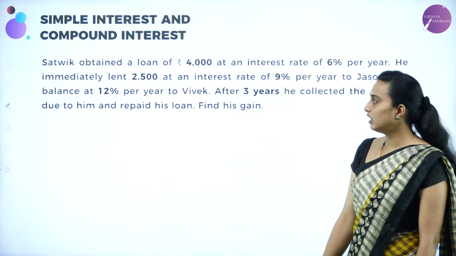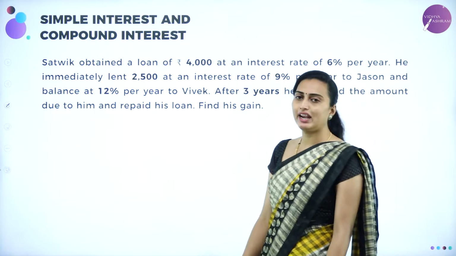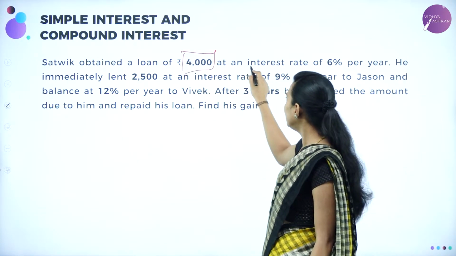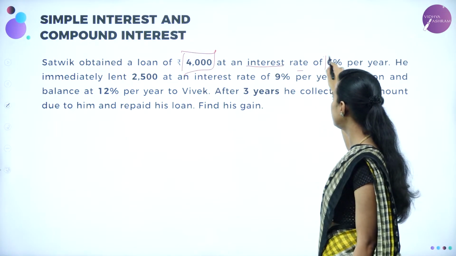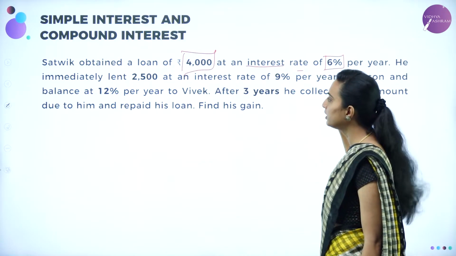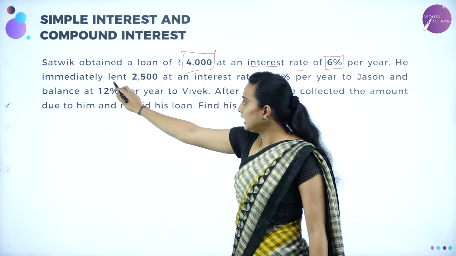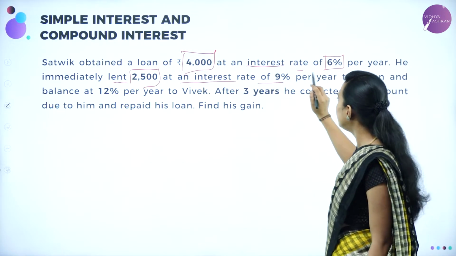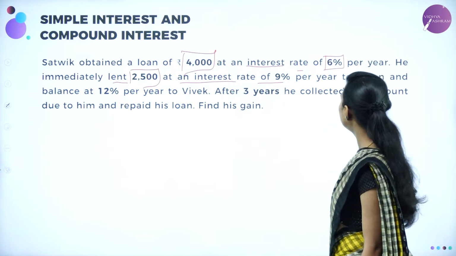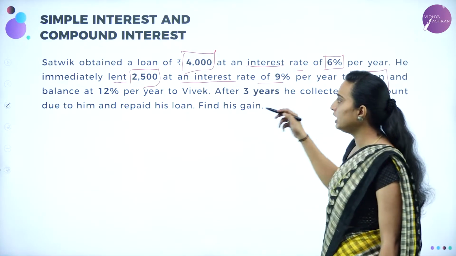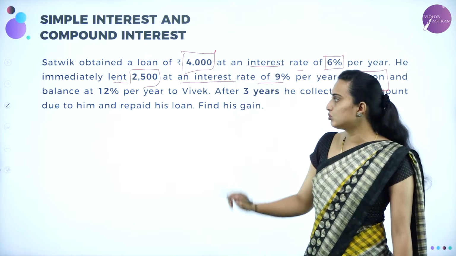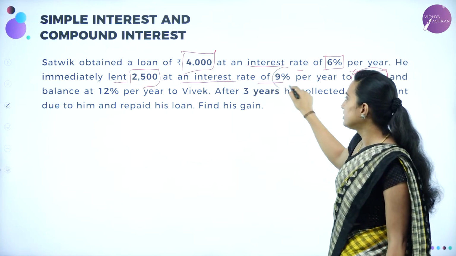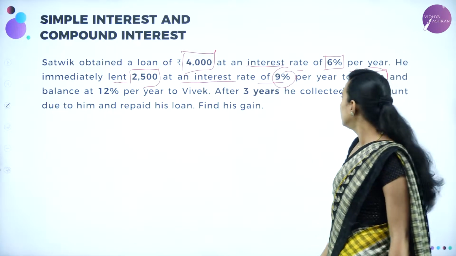What they have asked is: Satvik obtained a loan of rupees 4,000 at an interest rate of 6% per year. Immediately he lent 2,500 at an interest rate of 9% per year to Jason. So he will immediately lend rupees 2,500 to whom? To Jason at 9% for 3 years, correct?